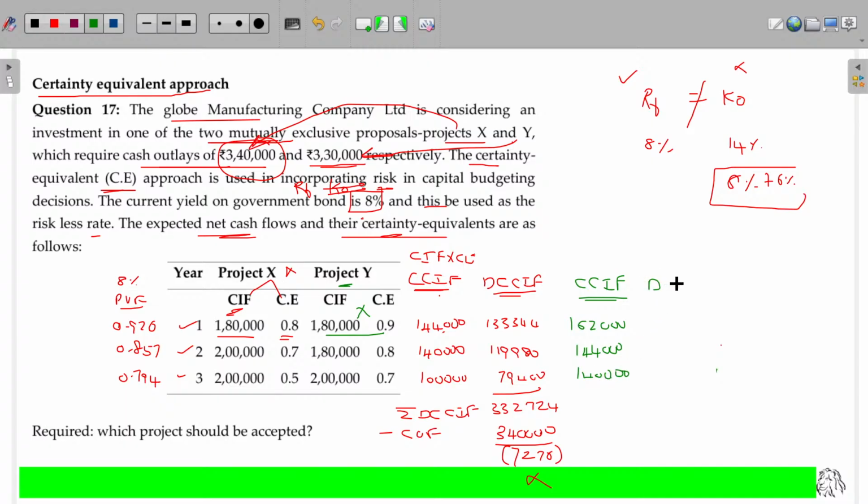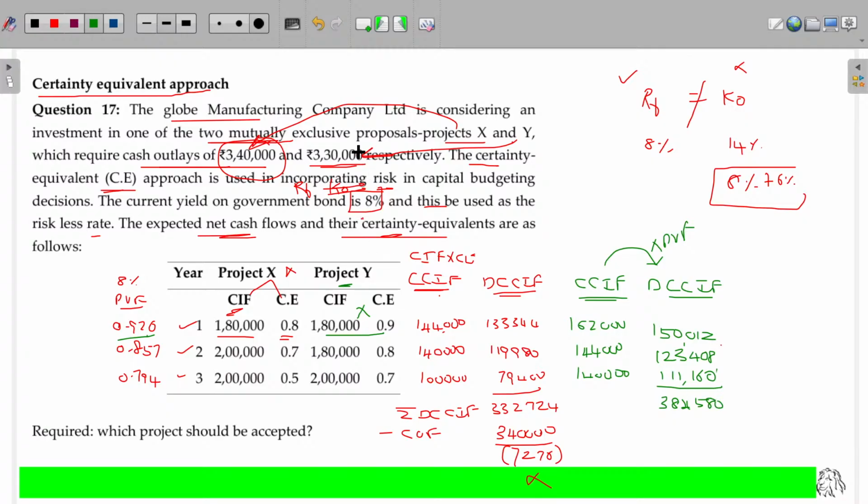Now the discounted certain cash inflow: you have to multiply this with the PV factor. The PV factor being this one. So you multiply these two, you get 1,50,012, 1,23,408, 1,11,160.